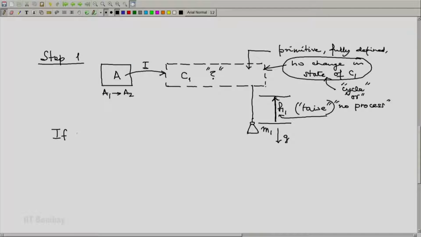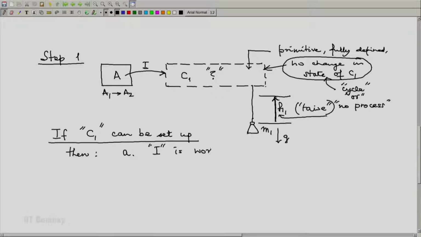Okay. Now, it is possible that we are able to set up C1. So, we come to now the first conclusion. If C1 can be set up as required, then we make the following conclusions. First conclusion is I is work and nothing else, purely work. Second, the quantitative: work done by system A is plus m1 g h1.